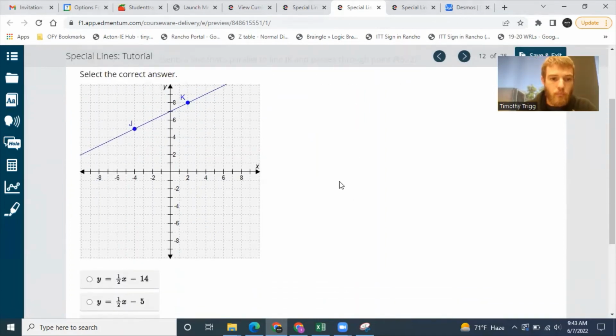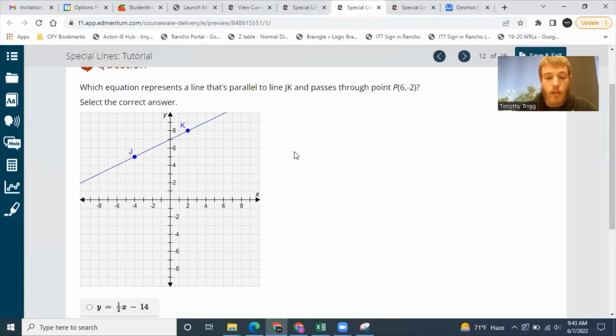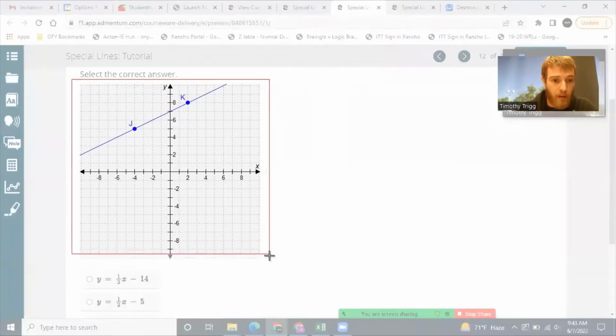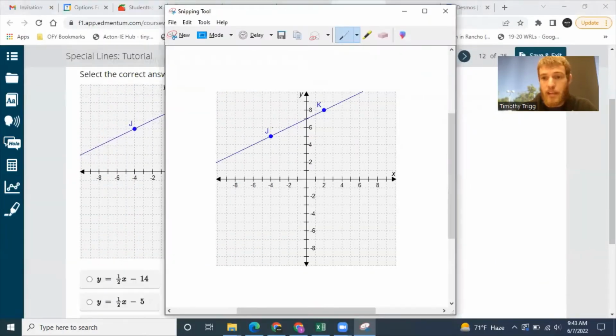First, let's find the slope of line JK. Remember, parallel lines have the same slope. So if I'm finding a line that has the same slope as line JK, the first thing I need to do is find the slope of this line. The slope is the rise, 1, 2, 3.